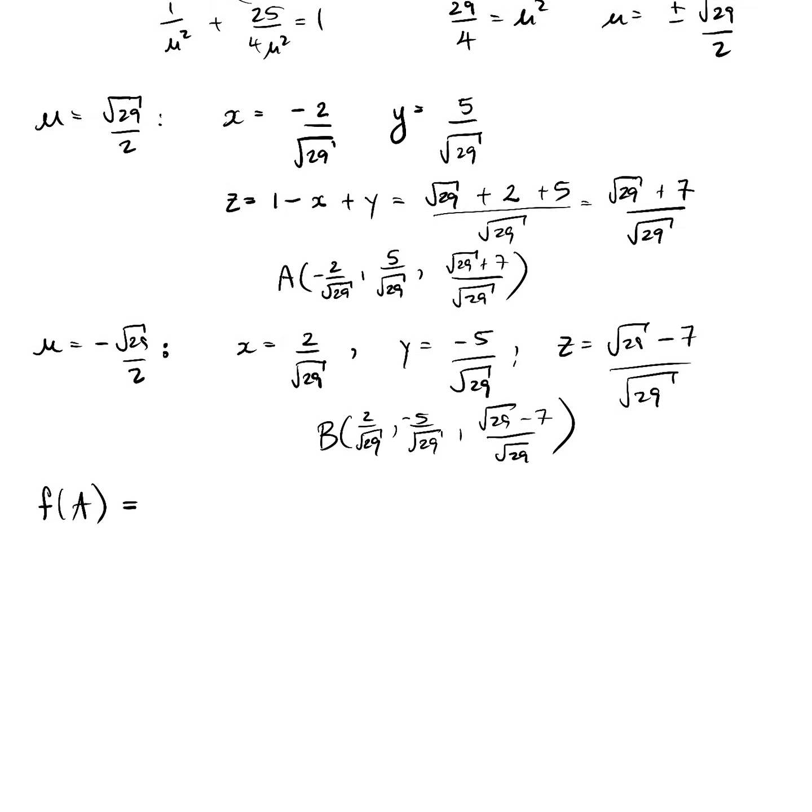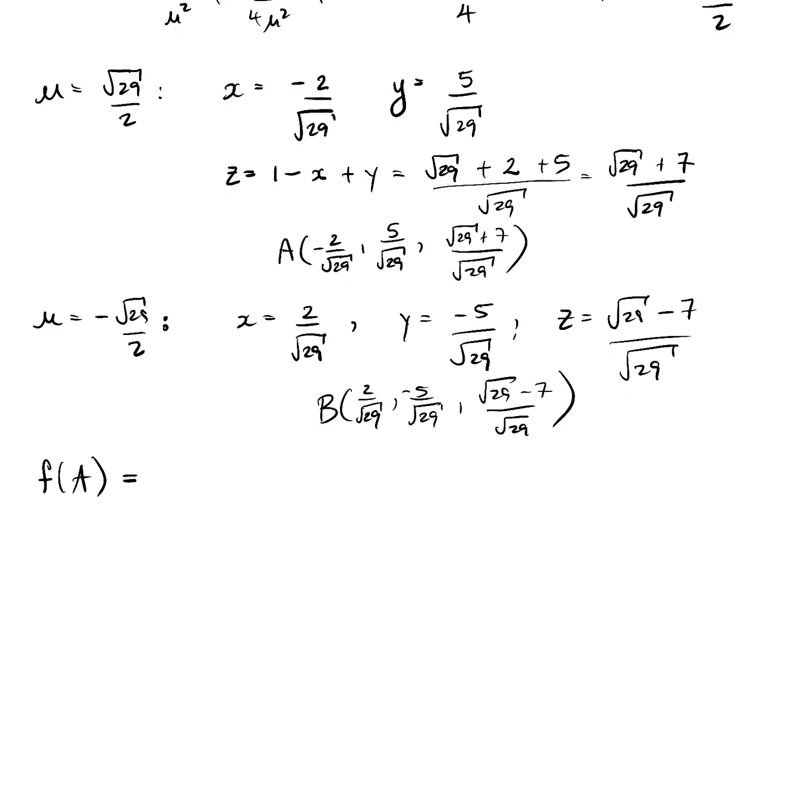I've evaluated f at both of these points, and f at A gives us 3 plus root 29. f at B I've also evaluated off screen for us, and f at B gave us 3 minus root 29. This clearly is the bigger value.